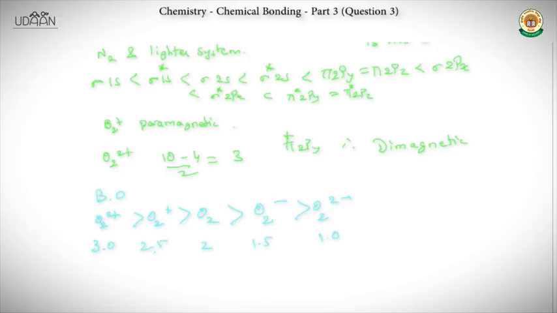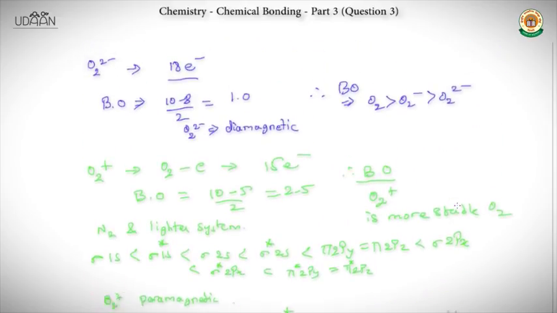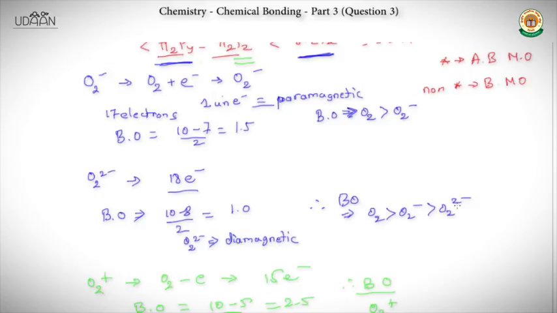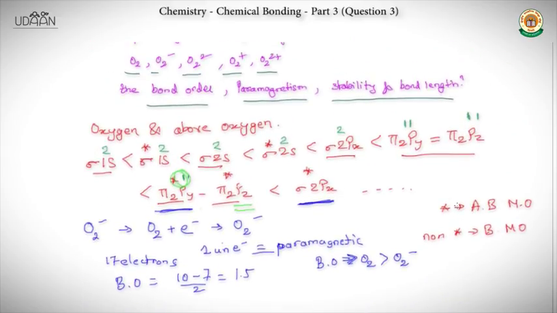So basically, as you would have seen in this question, we figured out how to calculate the bond order, the correlation of the bond order with the stability and the bond length, and how we need to arrange the electrons in their particular molecular orbitals before we can calculate paramagnetism or bond order for any of these compounds.